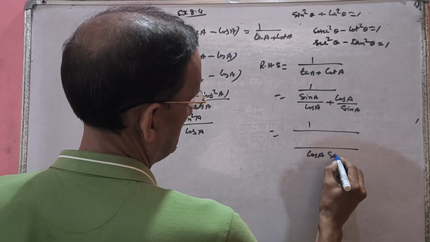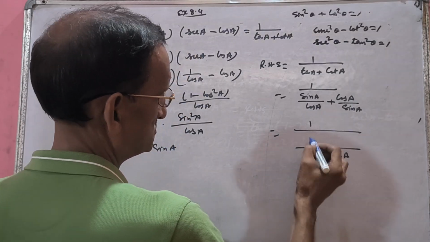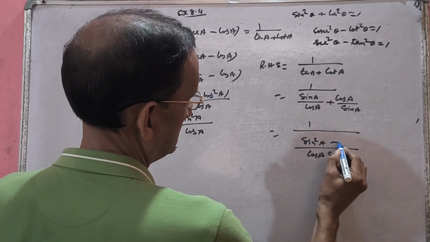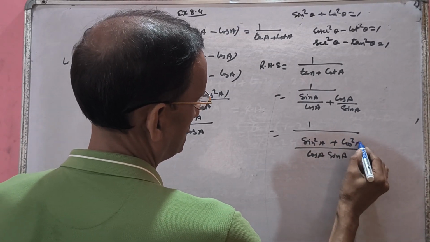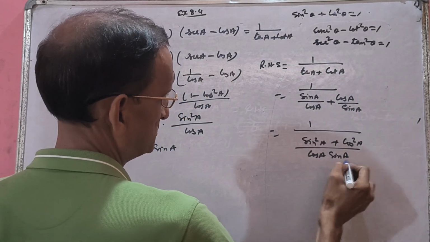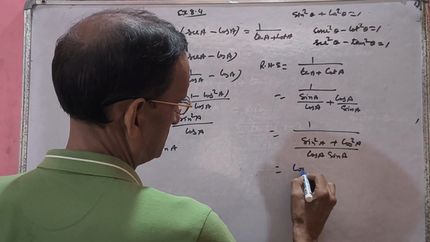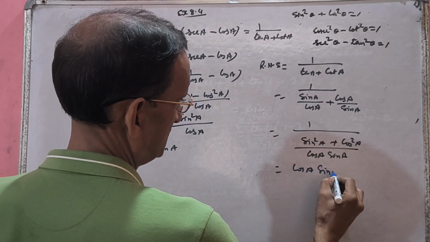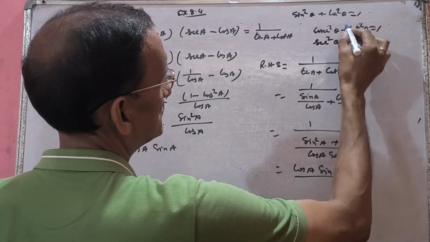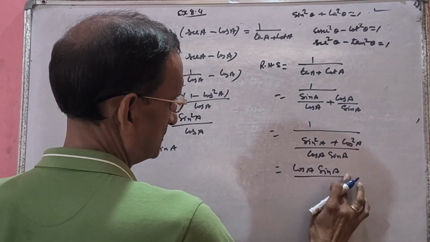Cos A into sin A. Cos cancels, what will you get? Sin square A plus cos square A. This divided by this, we will multiply, it will be reciprocal, so here cos A into sin A. And this is what? Sin square theta plus cos square theta is 1. So 1 we will write.